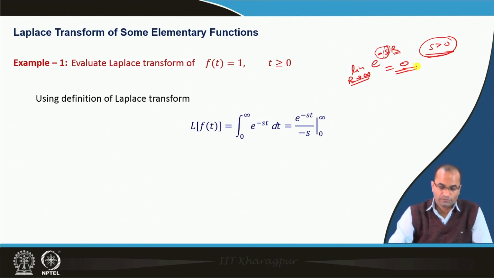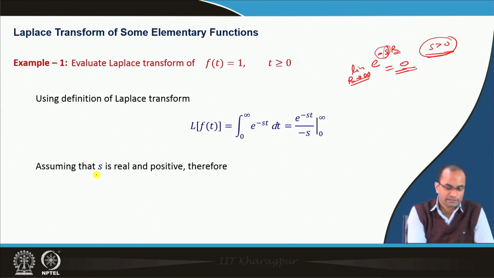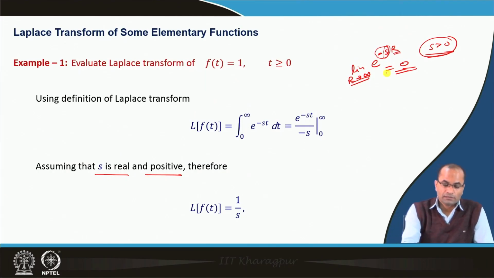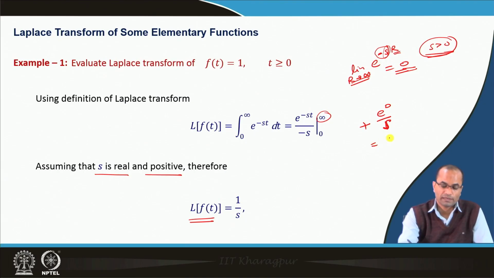So, we make an assumption that s is real and positive, and in that case this integral converges to 1 over s, because the infinity end makes this 0, and at 0 we have e power minus 0, which is 1, and the minus sign also becomes plus. So, we have 1 over s.